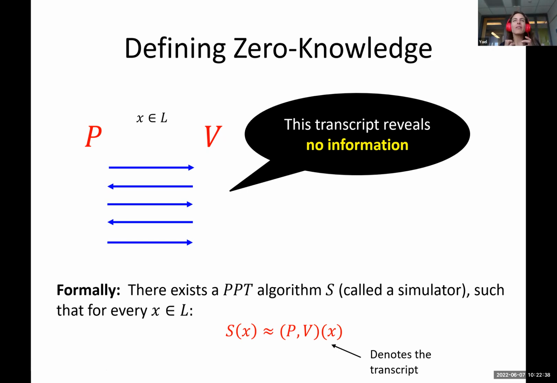Think of the simulator as the verifier that can predict the prover's answer. This simulator knows the statement that we want to prove. Let's say we want to prove that X is in some NP language, or if we want to prove Fermat's theorem, whatever the statement is, the simulator gets the statement. He behaves as the verifier, and he can predict what the prover will say. So he can essentially simulate this entire communication.